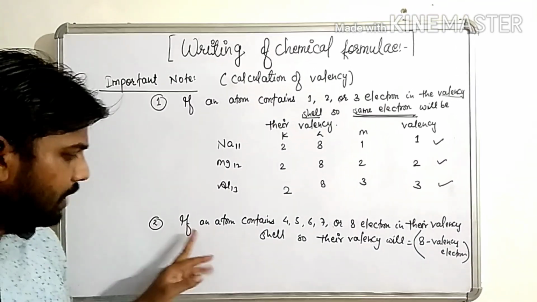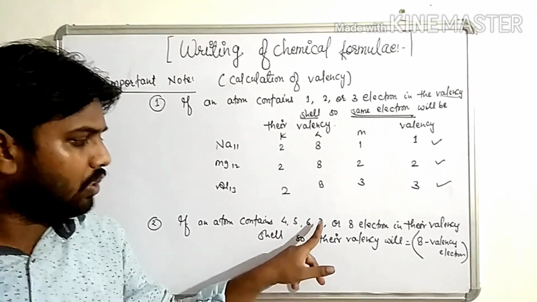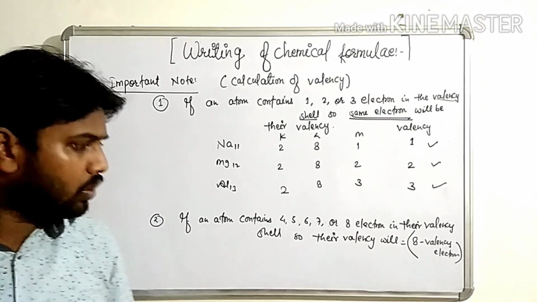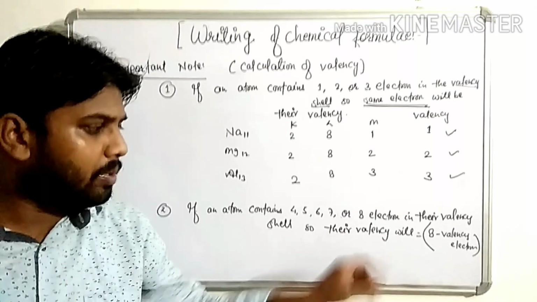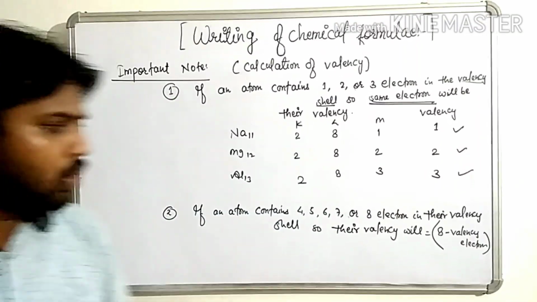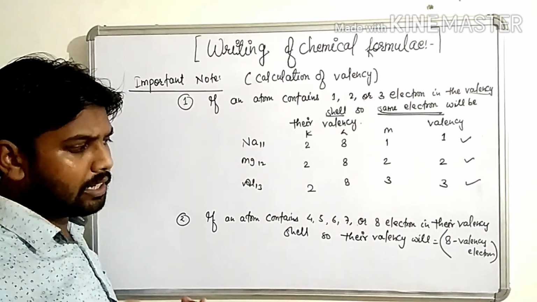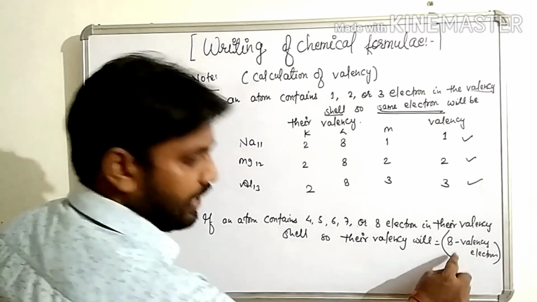Second, if an atom contains 4, 5, 6, 7 or 8 electrons in its valency shell, then its valency will be 8 minus the valence electrons, meaning we subtract the valence electrons from 8.